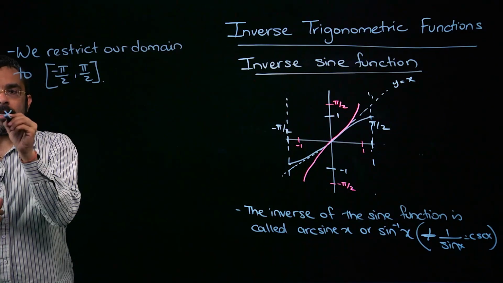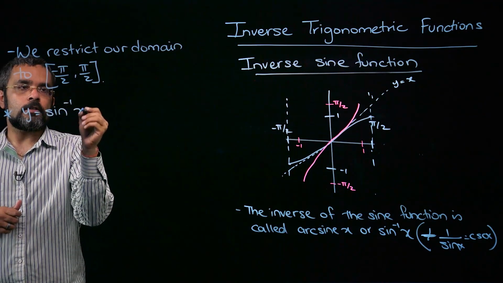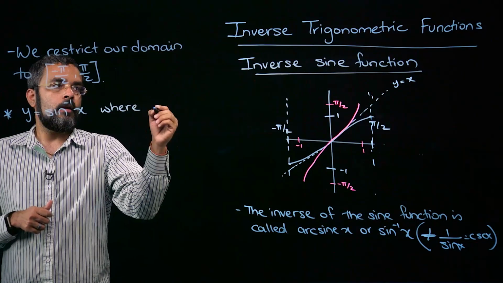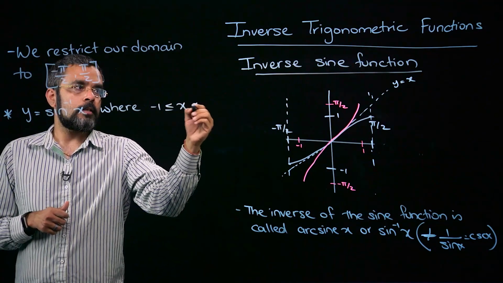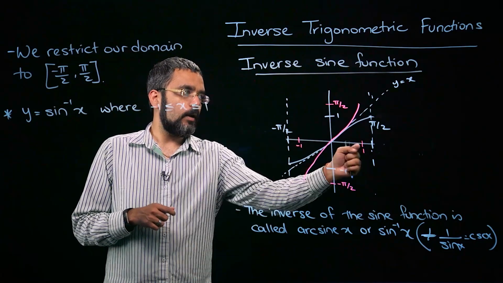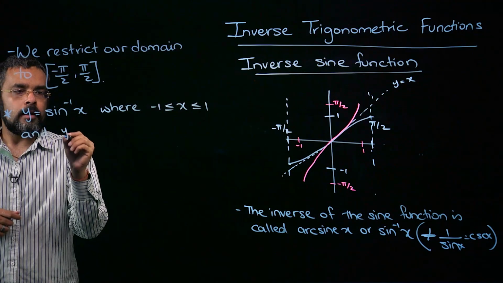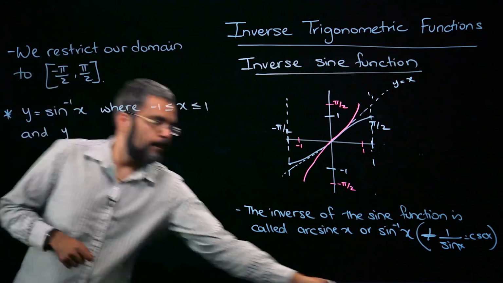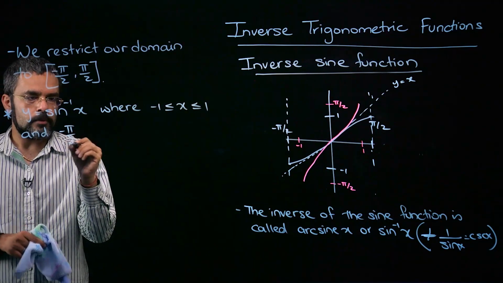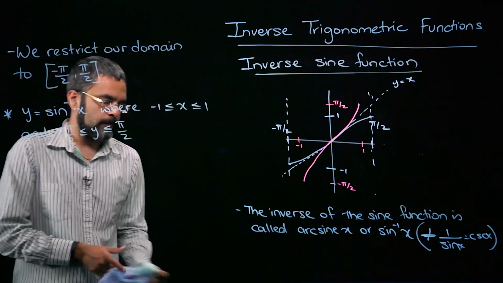So we say that y equals sine inverse of x, where -1 less or equal to x less or equal to 1, because remember, your x values lie between 1 and -1, and y lies between -pi/2 and pi/2.